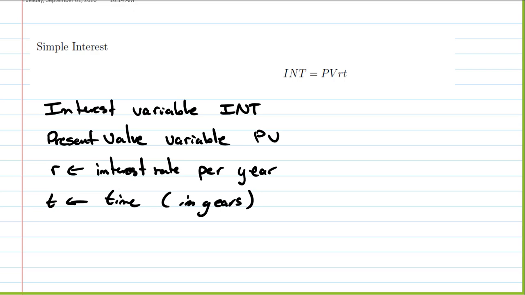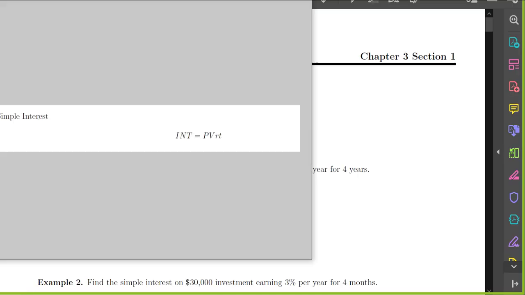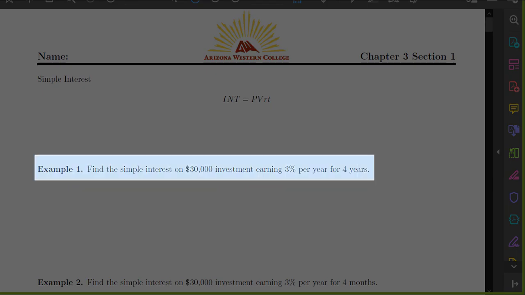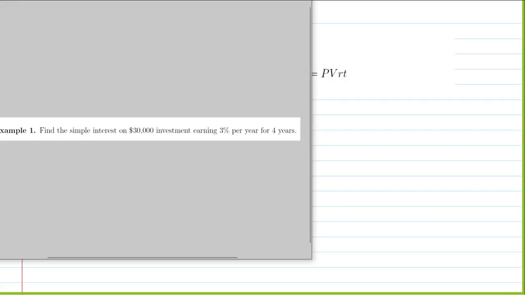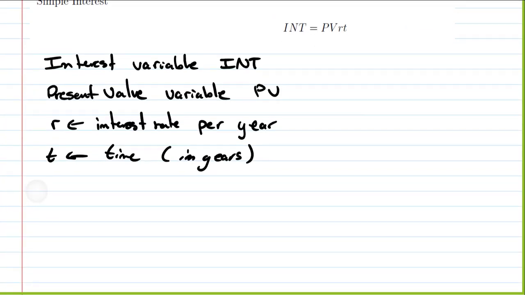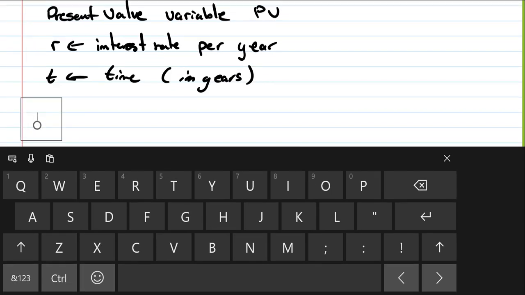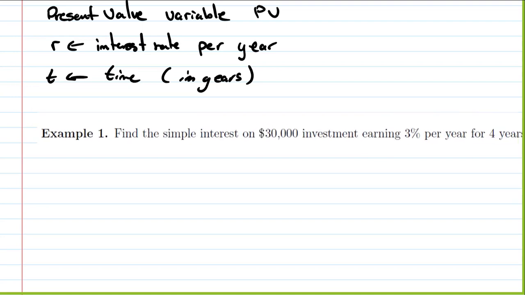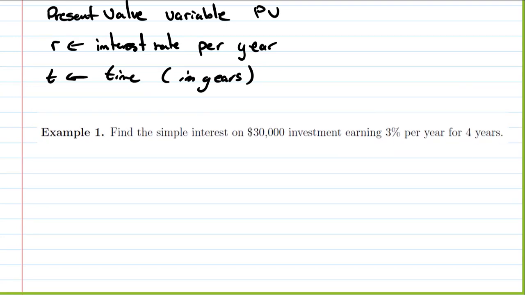So let's take a look at our very first example and remind us how we use this formula. Find the simple interest on a $30,000 investment earning 3% per year for 4 years.